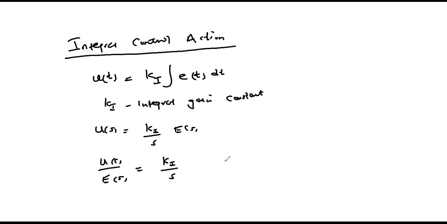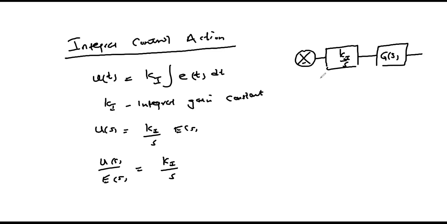That means when we have our control system as a negative feedback control system, the controller is defined by Ki over s, given the plant defined by the transfer function G of s, and the block diagram representation of the entire system with unity feedback will be as follows.